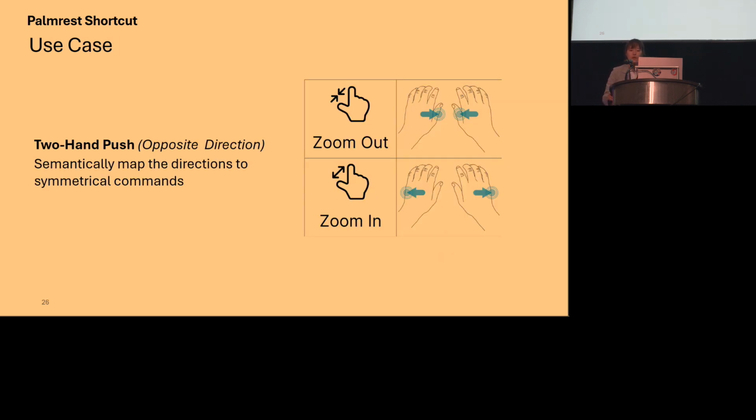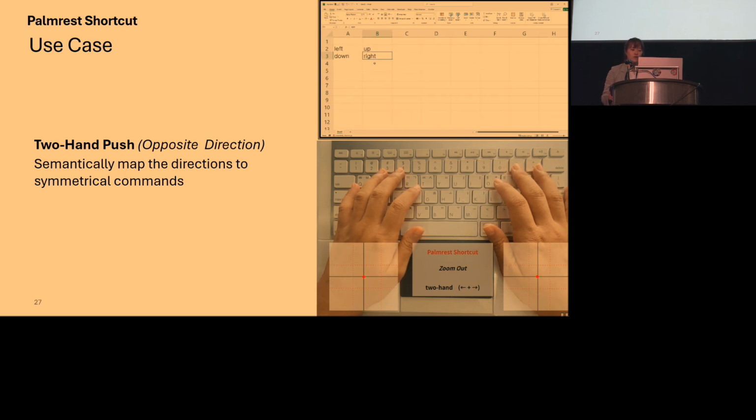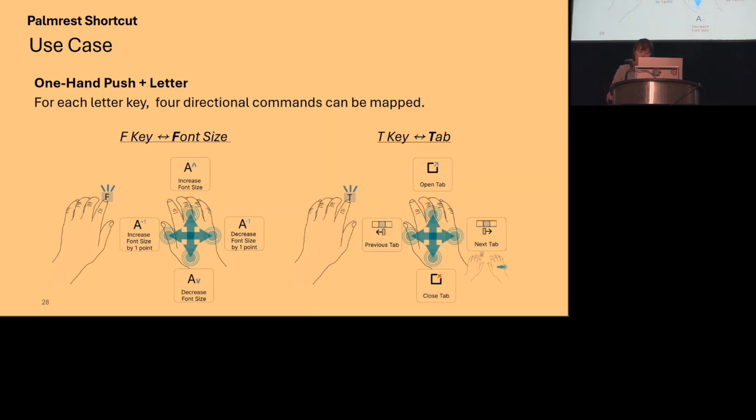Next, for the 2-hand push with opposite directions, we suggest semantically mapping the directional combinations to symmetrical commands. For example, pushing inwards and outwards horizontally can be mapped to commands like zooming in and zooming out. And the 1-hand push plus letter shortcut can intuitively expand the shortcut vocabulary.